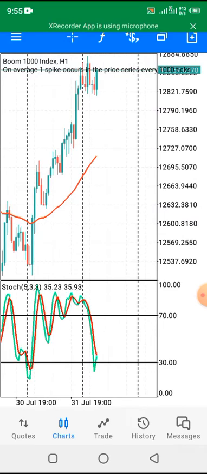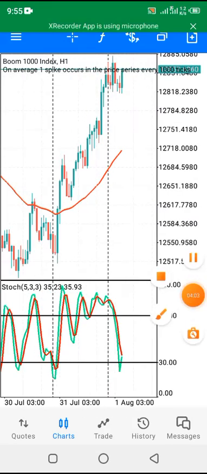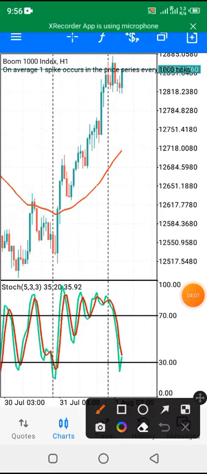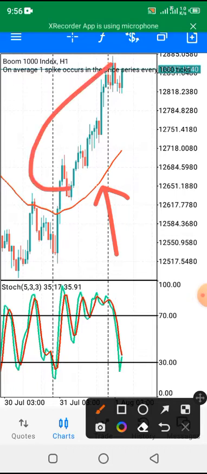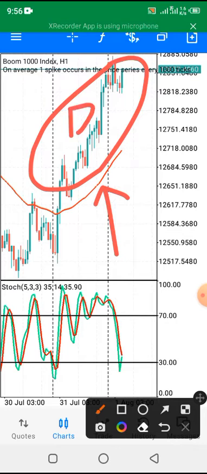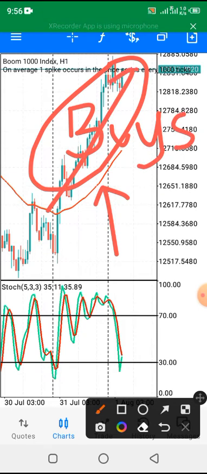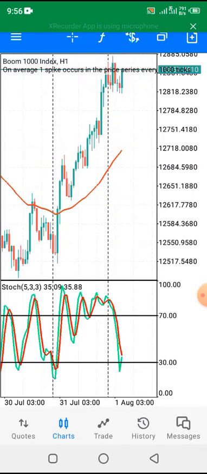Because this 51 exponential moving average is like a long term. It shows you the trend. That's why it's a moving average. So whenever you see price trading above the moving average, you know in the long term you're looking for buys, right? I hope you've understood. Whenever price is trading above this moving average, you're looking for buys, okay?